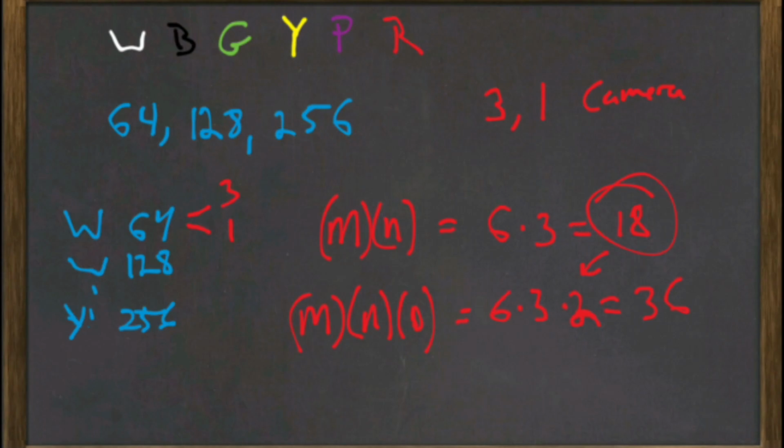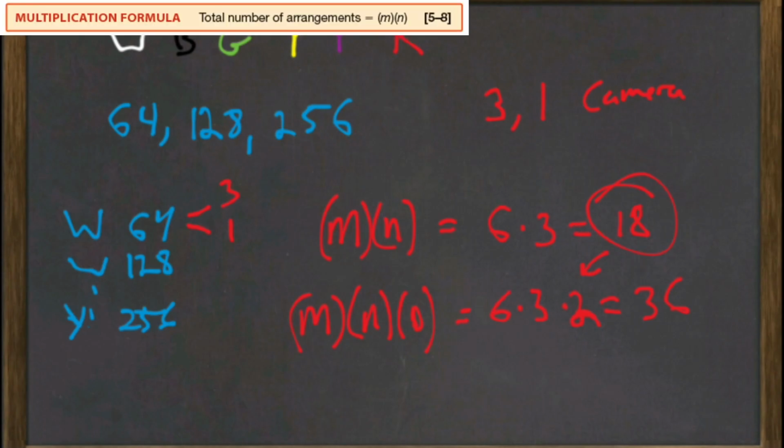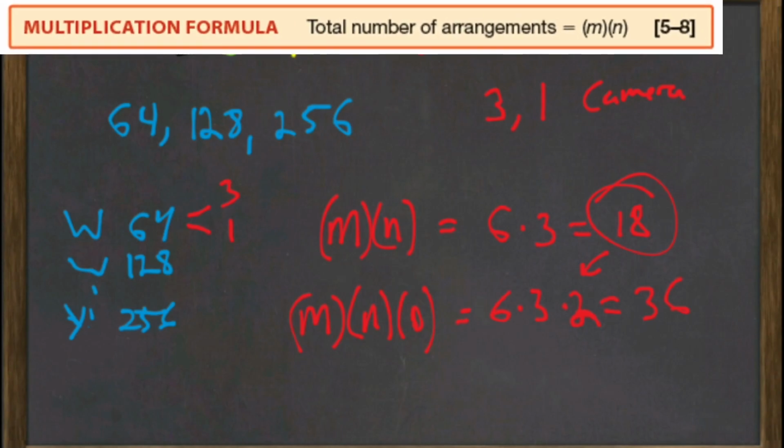Again, this is called the multiplication formula. Not a very unique name, but we simply calculate the number of possible choices in each choice. That'll be useful down the road in some of our more complex calculations.